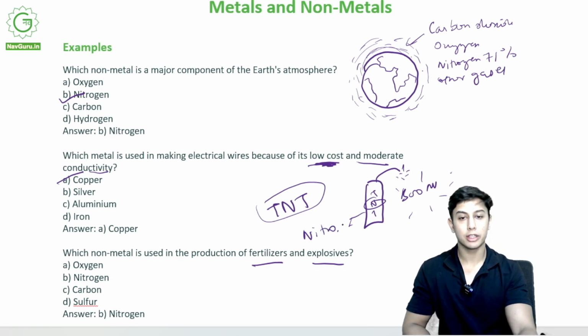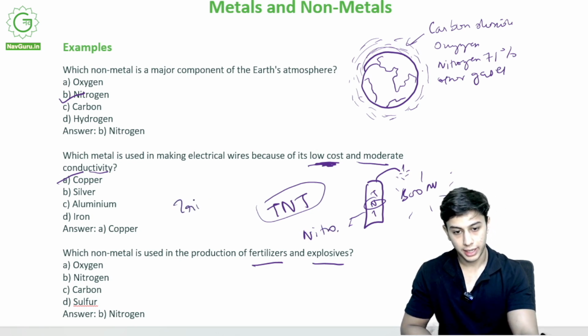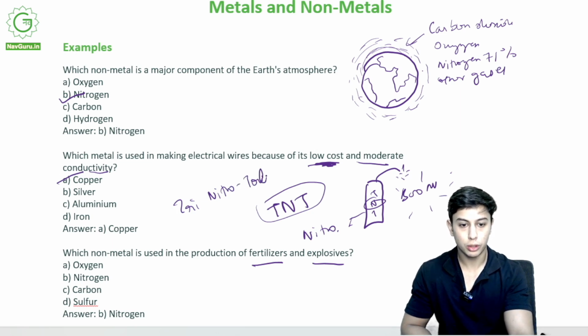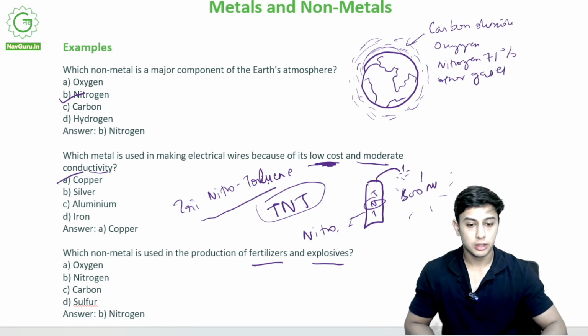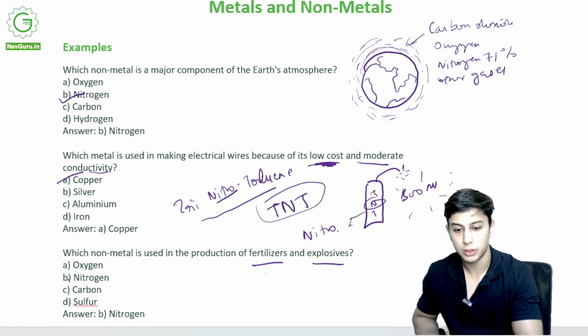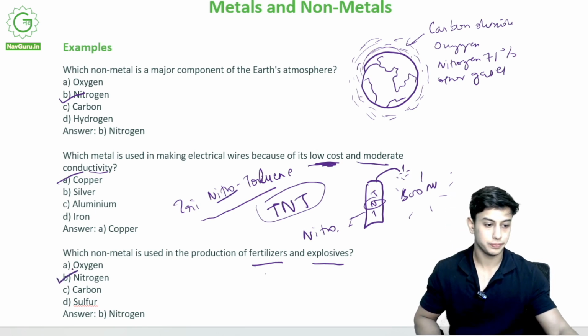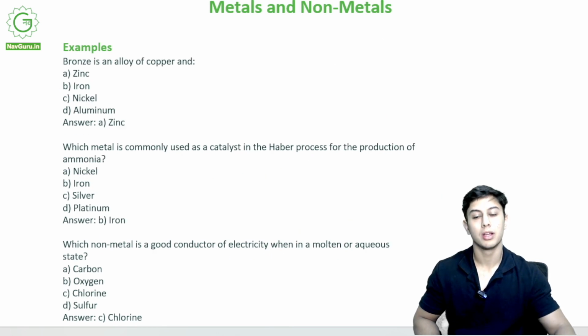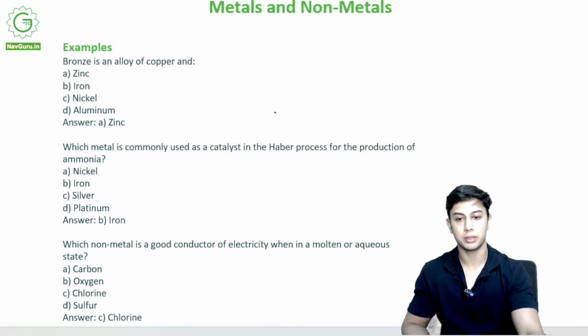Nitrotoluene, so it has nitrogen. Fertilizers also have nitrogen. So what is the answer? Nitrogen. Always remember. Bronze is an alloy of copper and zinc.